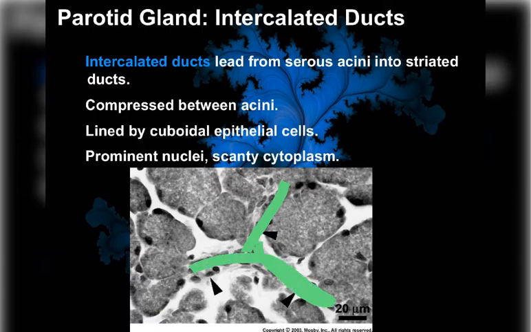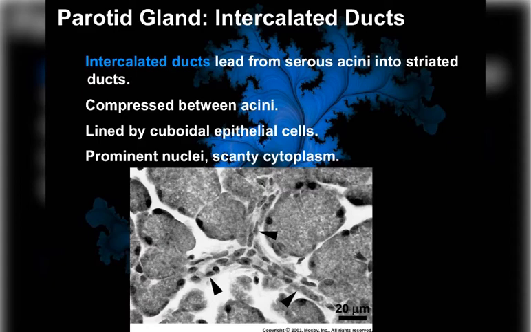So each of the cells that make the intercalated duct has the majority of it occupied by the nucleus, so they appear dark, with only little, lightly stained cytoplasm.